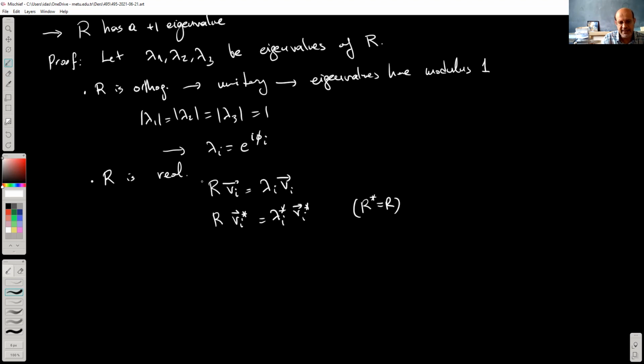And that's the reality property. R is real, so the complex conjugate of the matrix is itself. So that means if I apply R to the complex conjugate of the eigenvector, I still get the same eigenvalue equation, but with a different eigenvalue now. It's the complex conjugate. So if lambda 1, lambda 2, and lambda 3 are eigenvalues, then their complex conjugates are also eigenvalues.